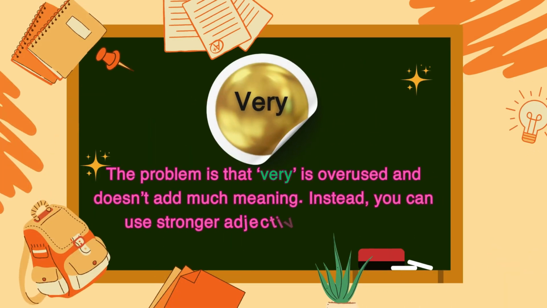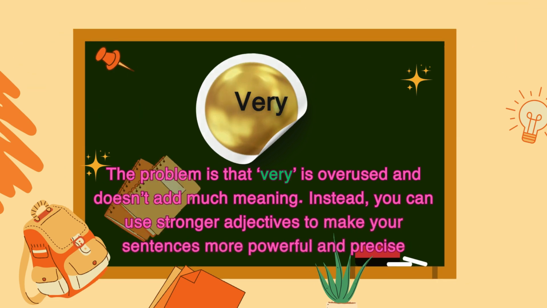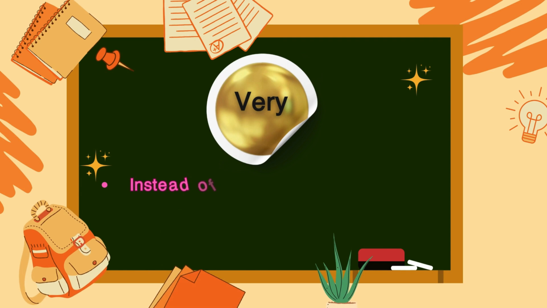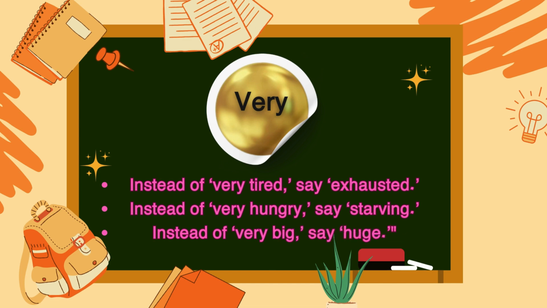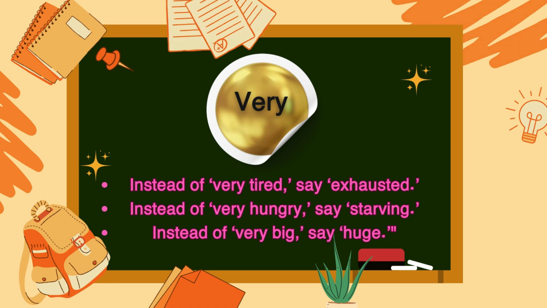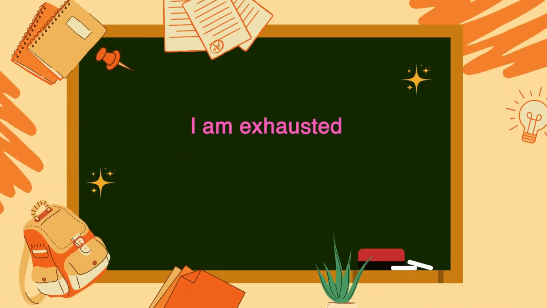Instead, you can use stronger adjectives to make your sentences more powerful and precise. For example, instead of very tired, say exhausted. Instead of very hungry, say starving. Instead of very big, say huge. So, the better sentence is I am exhausted.